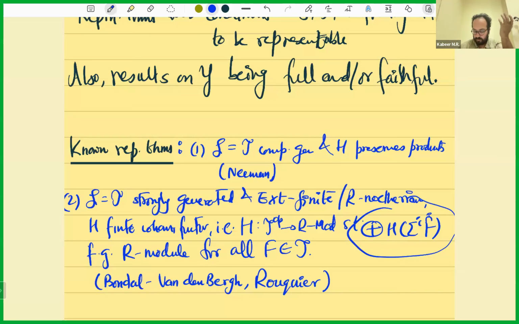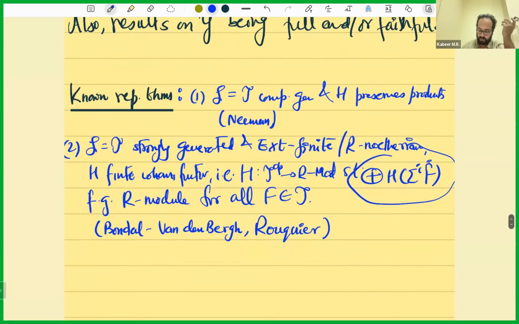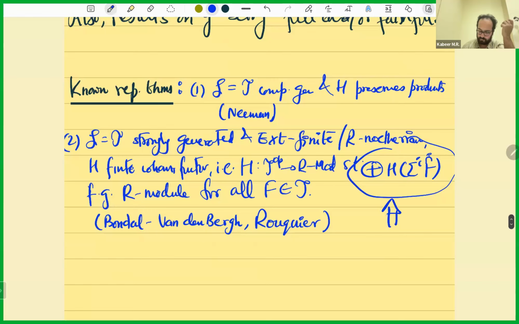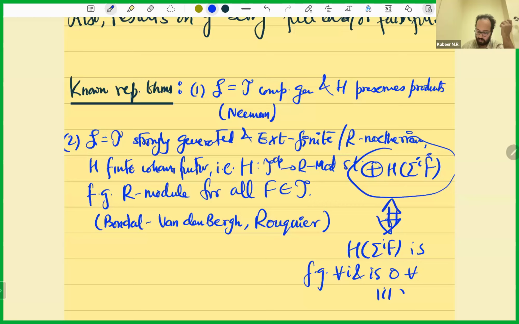So in particular, what this is equivalent to is that H^i of F is finitely generated for all i and is zero for i larger than zero. In this case, also this functor is representable.